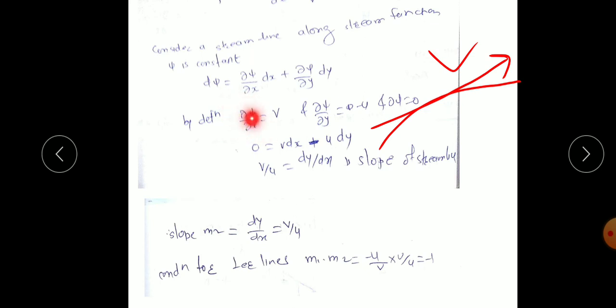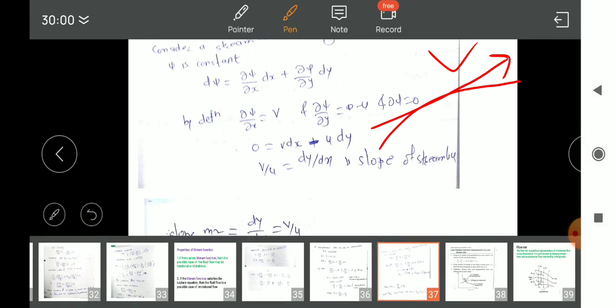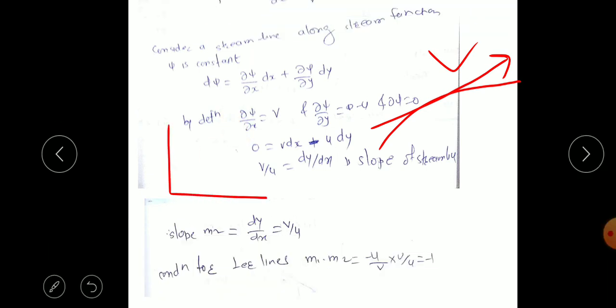By definition of the stream function, the differentiation of the stream function in any direction is equal to the velocity component at right angle to that. So along x we can consider the differentiation of psi. Here is the velocity component u, here is the velocity v.